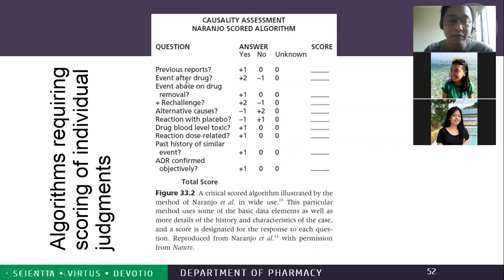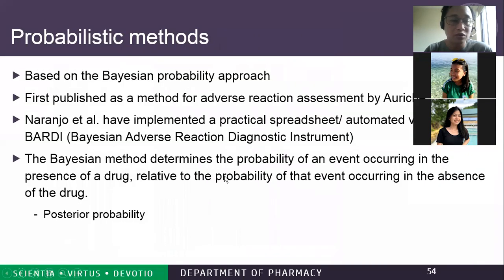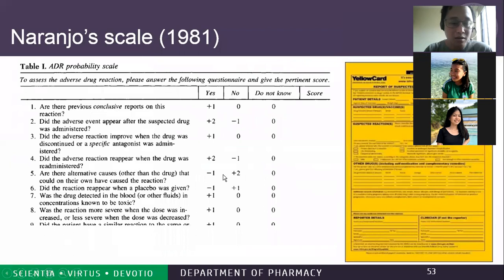Event after drug: yes or no. If yes, then plus 2 here. If no, minus 1, and so on. Then you calculate the total score, tally the score. So this is the long version.